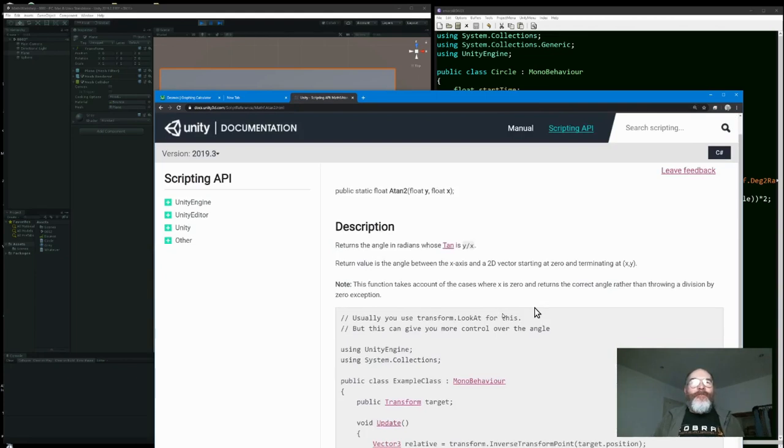Returns the angle in radians whose tangent is y over x.